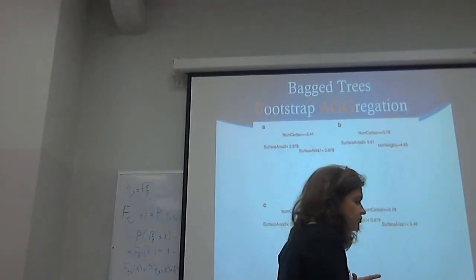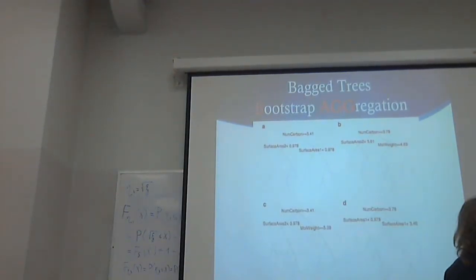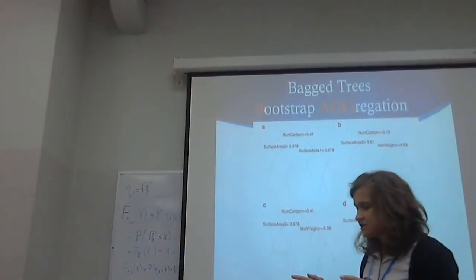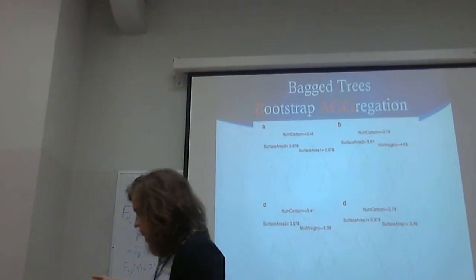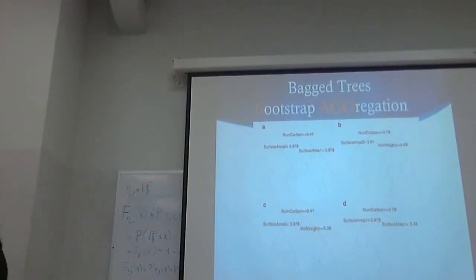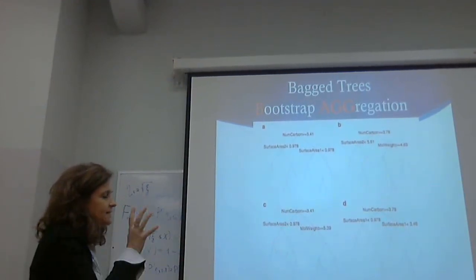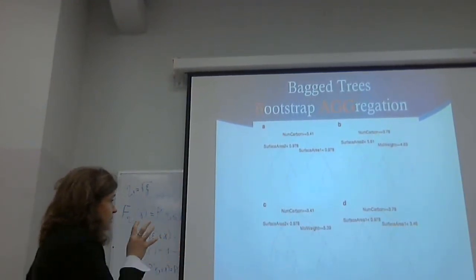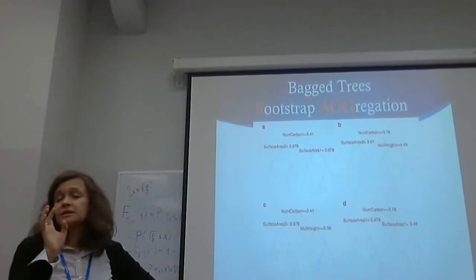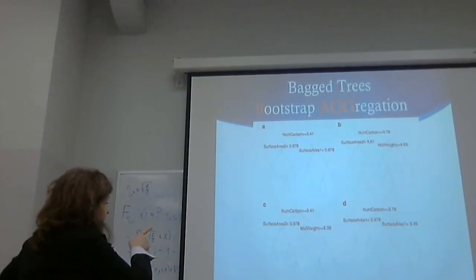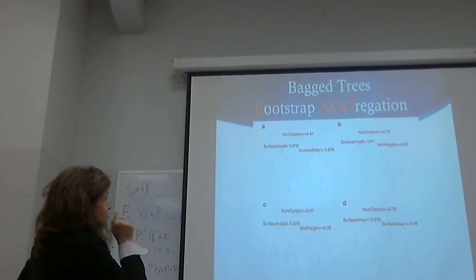Bagging is used not only for trees, but for any type of model. And the caret package, I'll show you in several minutes, contains many bagging type models, not specifically based on trees. But today we started bagging on trees.